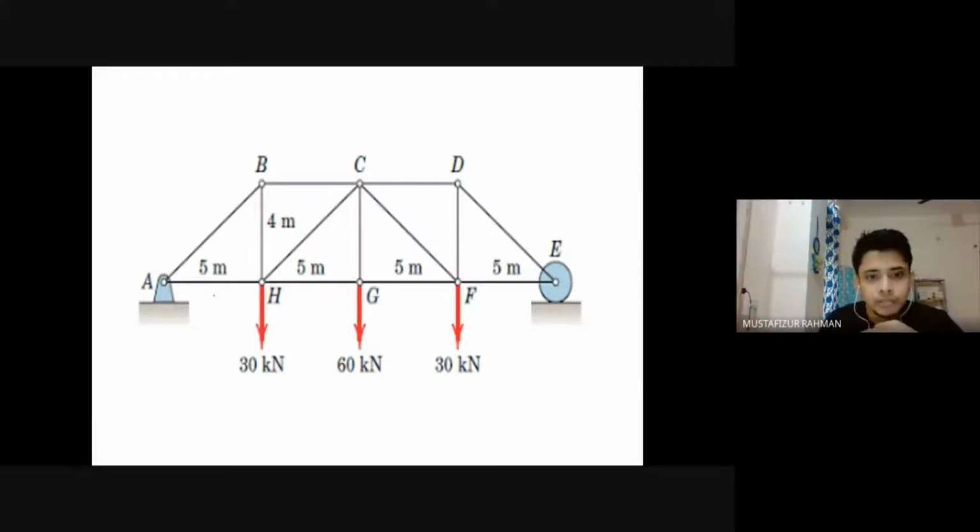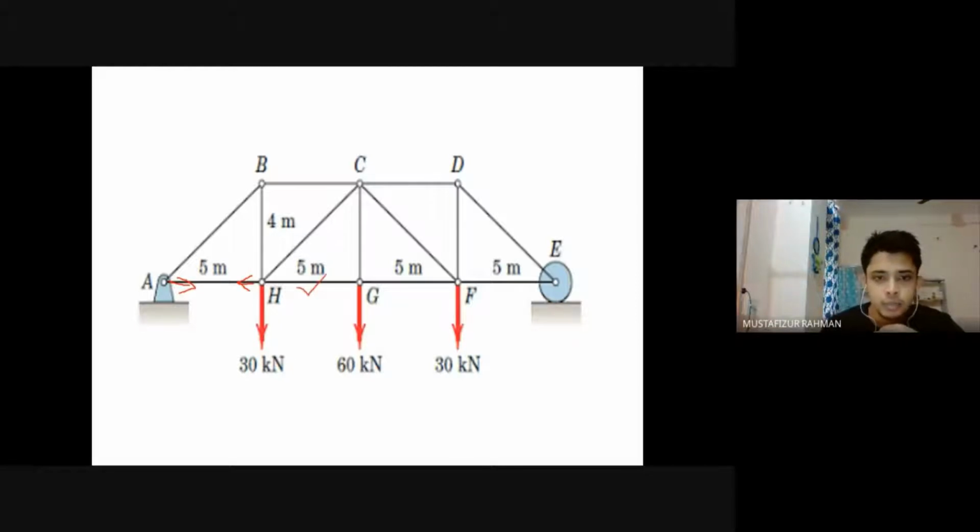If this member is in tension, trying to expand, then the joint will try to push back the member like this.